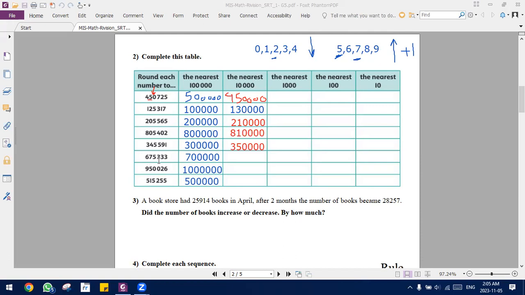Then 675, we underline 7, we check 5, 5 is round up, so it will be 680. Next one, we underline 5, we check 0, 0 is round down, so it will stay the same, 950. Last one, we underline 1, we check 5, 5 is round up, so we need to add 1. So instead of 515, it will be 520.